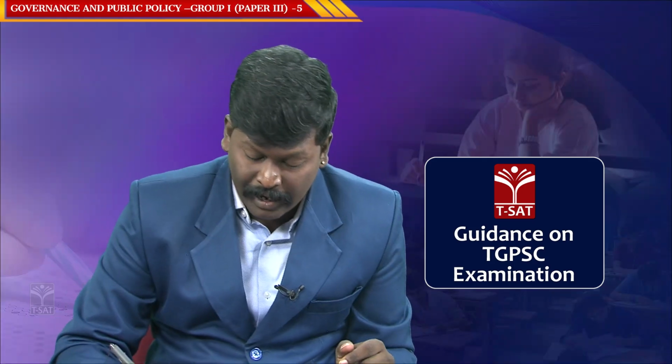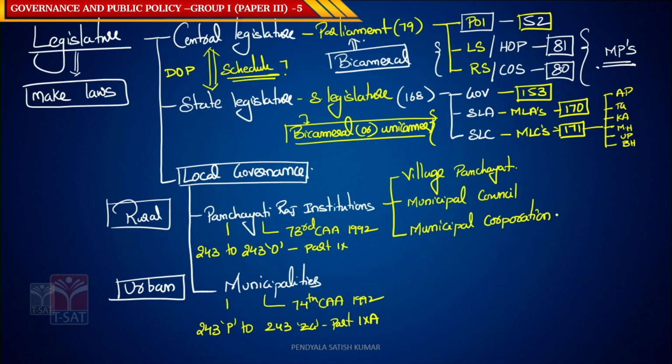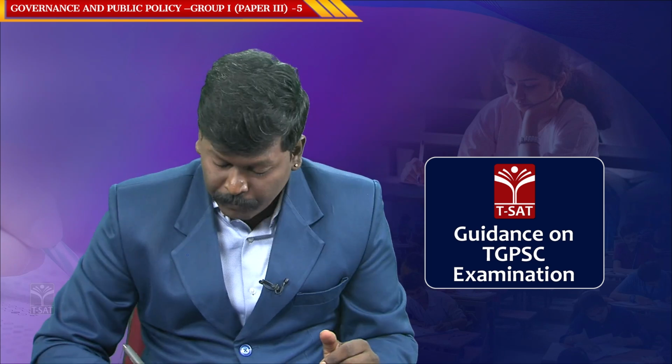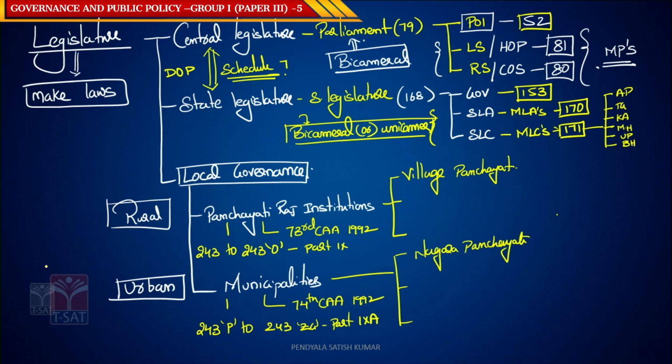The panchayatis are divided into a 3-tier system. The first one is the village panchayati, then the mandal panchayati, and the district level panchayati.